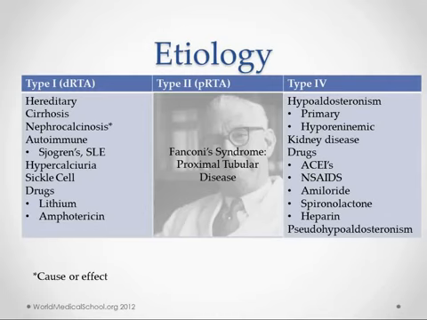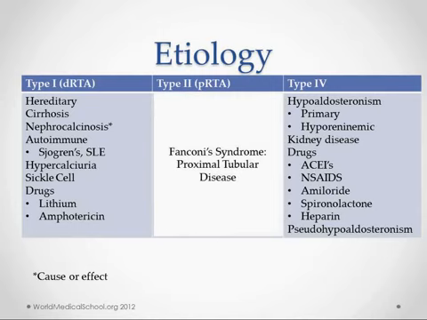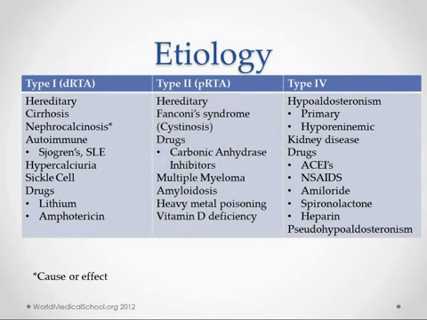And it turns out actually Fanconi didn't really discover this, so we don't really need to call it Fanconi syndrome anymore, but we still do anyway. Other causes: drugs like carbonic anhydrase inhibitors and amyloidosis problems like multiple myeloma, heavy metal poisoning, and vitamin D deficiency.